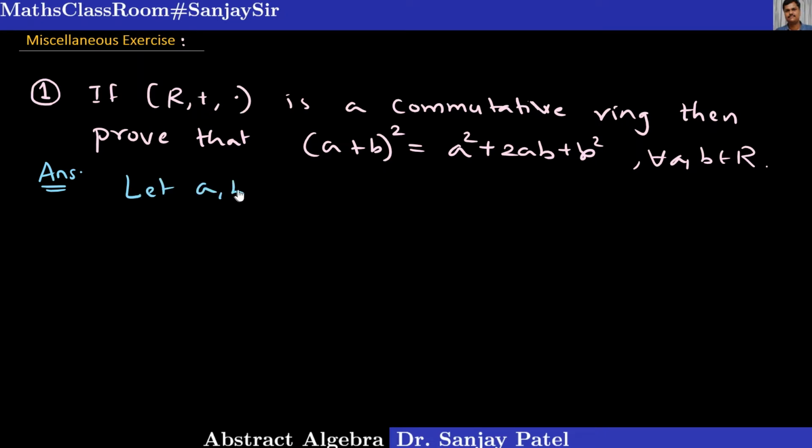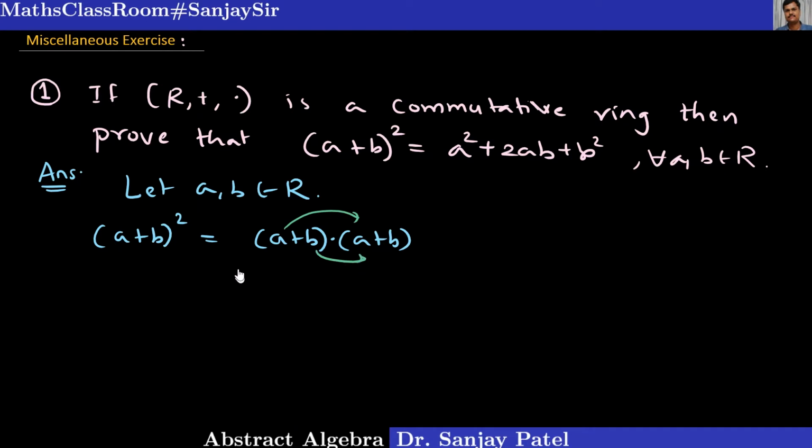a and b are any two elements, and consider (a + b)². The meaning of (a + b)² in a ring is (a + b)·(a + b). This we can write using the distributive law. I can multiply this with each of these elements. So a·(a + b) + b·(a + b).